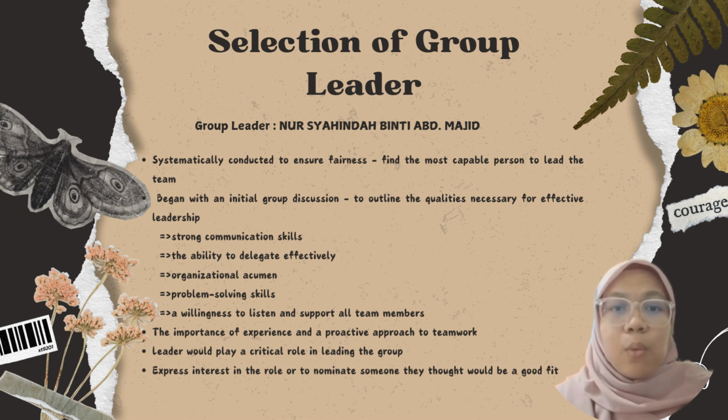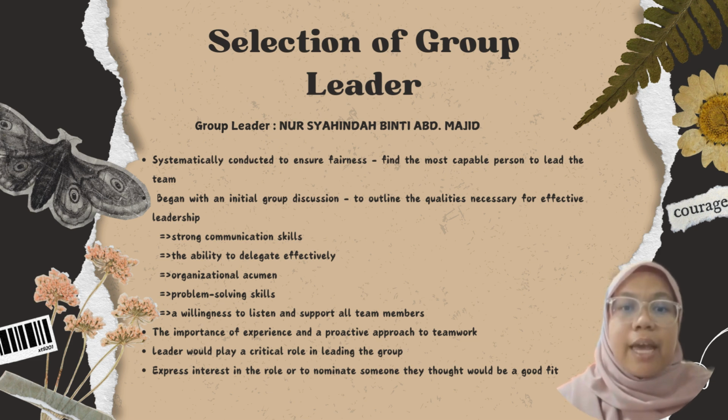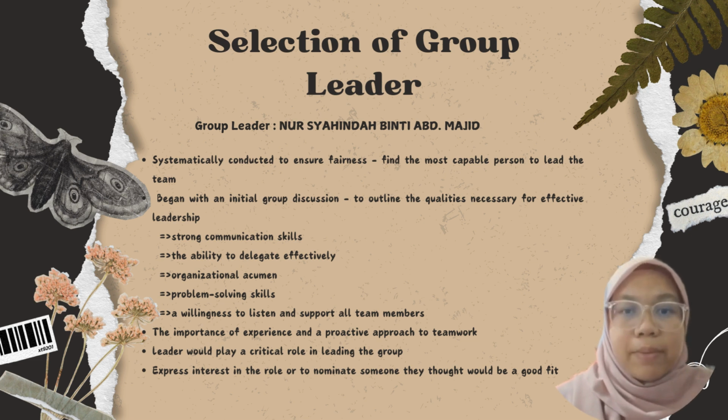It began with an initial group discussion to outline the qualities necessary for effective leadership. These qualities included strong communication skills, the ability to delegate effectively, organizational acumen, problem-solving skills, and a willingness to listen and support all team members.